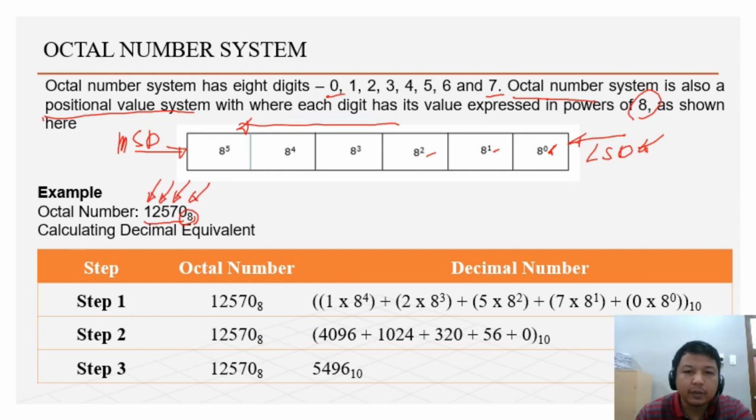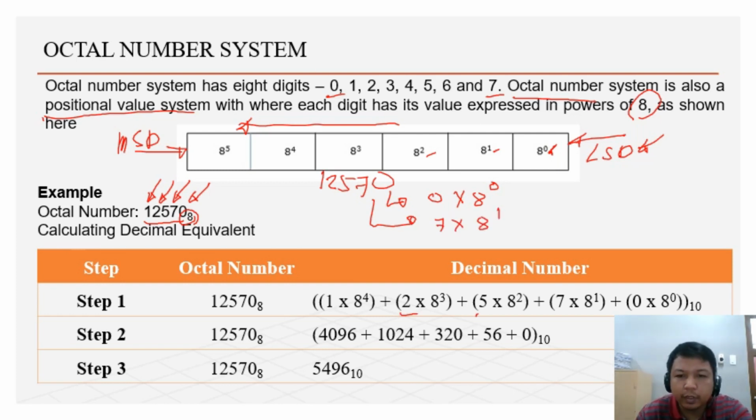So in this example, if I'm going to write it in this way, 12570, this digit, we are going to multiply it, 0 times 8 raised to its position, that is 0. We have here 7 times 8 raised to 1.